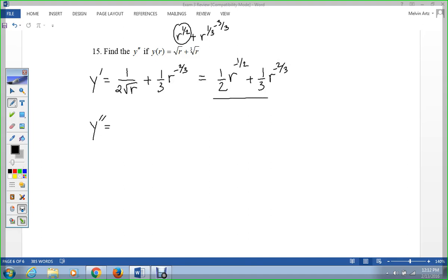So if we apply the power rule again, we'd get negative 1/4 and then we'll subtract 1 from the power to get negative 3/2 plus, now we're bringing the exponent and multiplying it times our 1/3, bringing that down in front. So we'd have a negative 2/9 r, now we're going to subtract 1 from the exponent, negative 5/3.